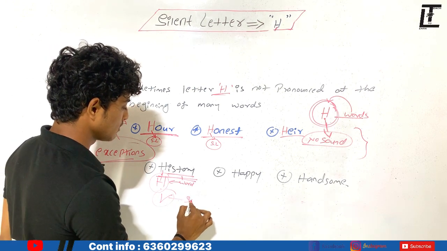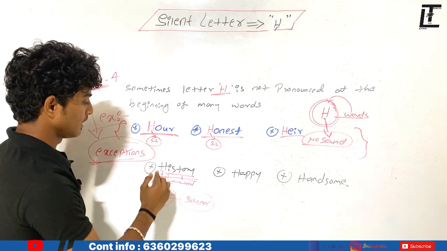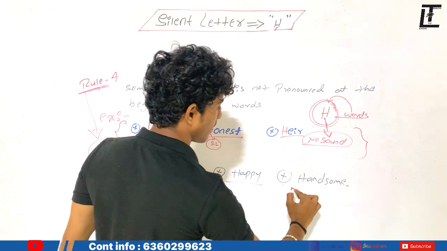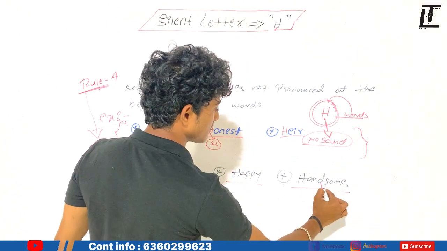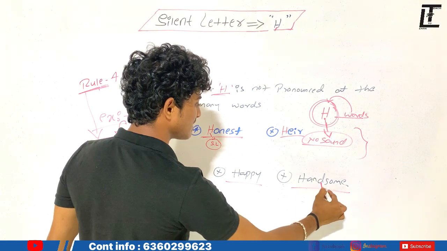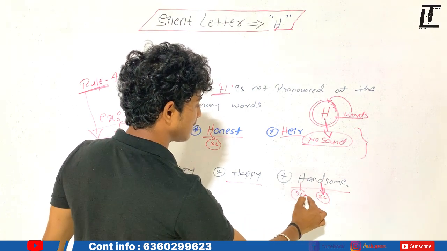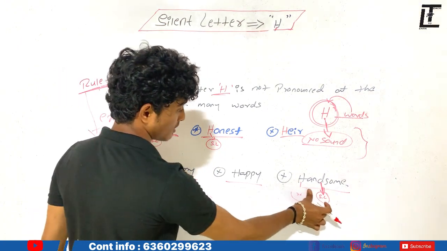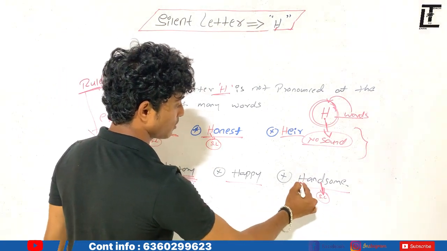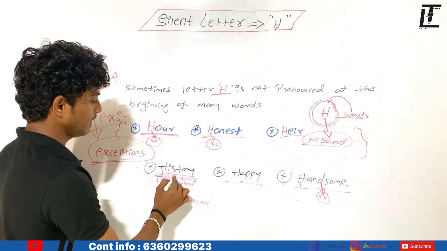This is called the exception. History, happy, handsome. And we discussed where the D is not pronounced but it is written. In handsome, H is not a silent letter, only D is a silent letter because it is in the exception. This is handsome and this is happy and history.